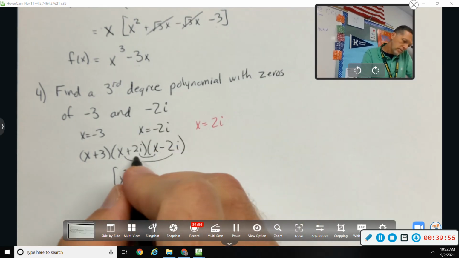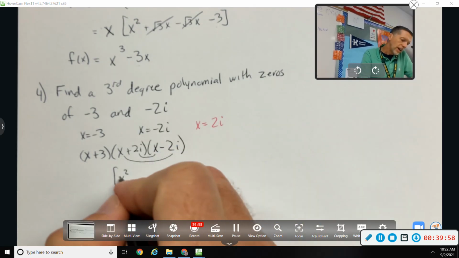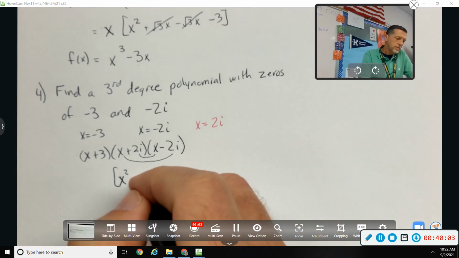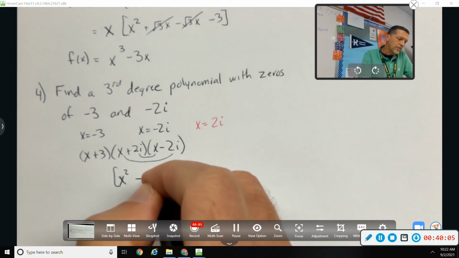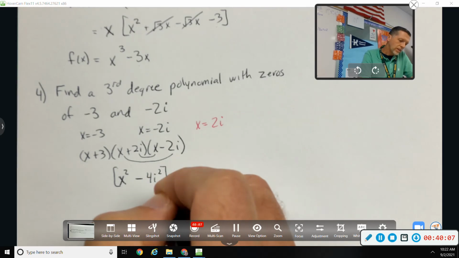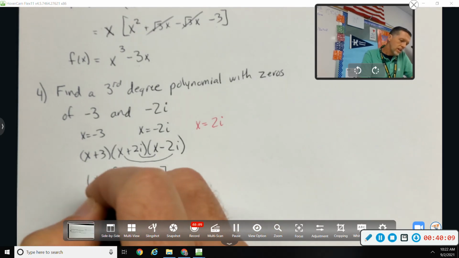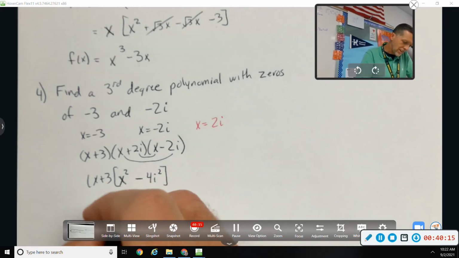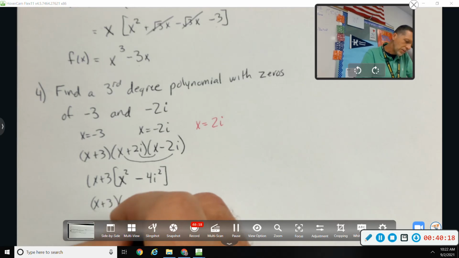What's 2i times negative 2i? Negative 4i squared. And right, the i squared is negative 1, so that becomes plus 4.